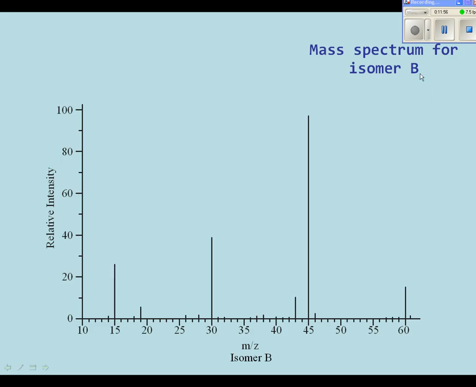Mass spectrum B, again we go through the process of identifying the key spikes or separations, and we find that there again is a separation of 15, which is a methyl group. There's also a separation of 17 from 60 to 43, which is the OH functional group, the hydroxyl functional group.